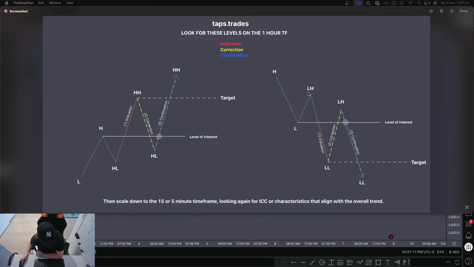Price doesn't break this previous lower high. And then we've got the third phase, which plays out, which is the correction phase. Again, we're looking for entries below this level because we know that sellers were strong here.